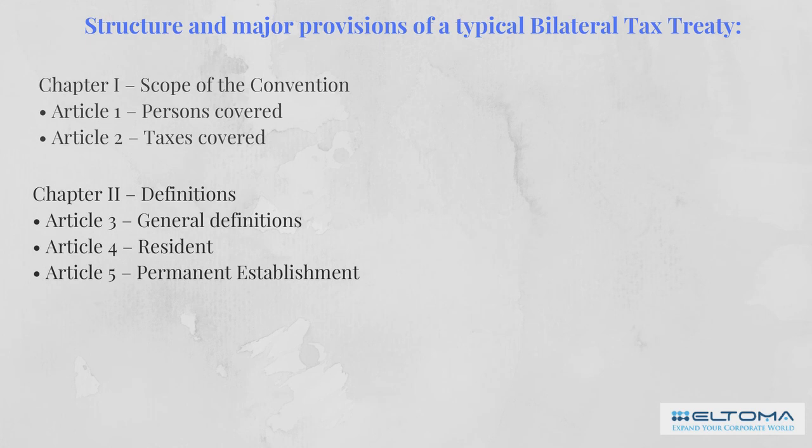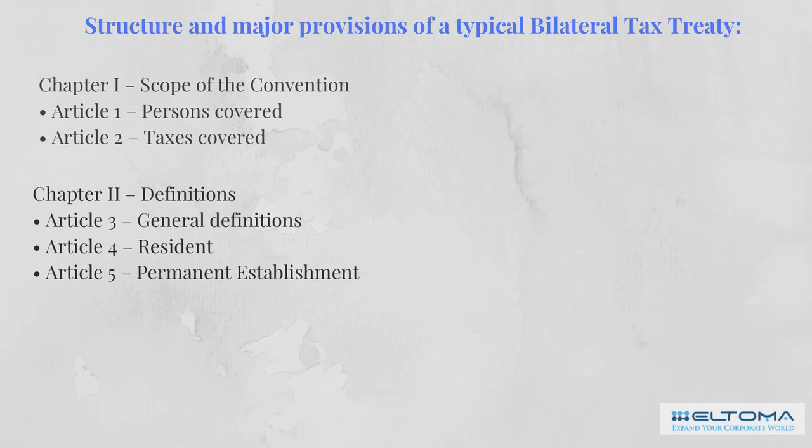So let's move on to consider the structure and major provisions of a typical bilateral tax treaty, which is based on either the United Nations or the OECD Model Tax Convention. So Chapter 1 covers the scope of the convention, the persons covered in Article 1 and the taxes covered in Article 2.